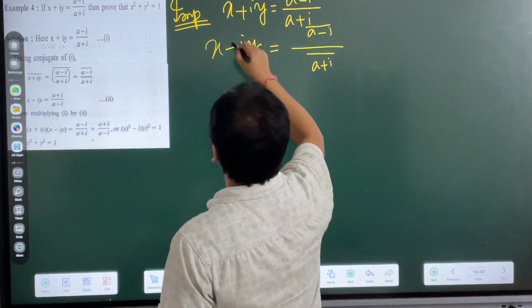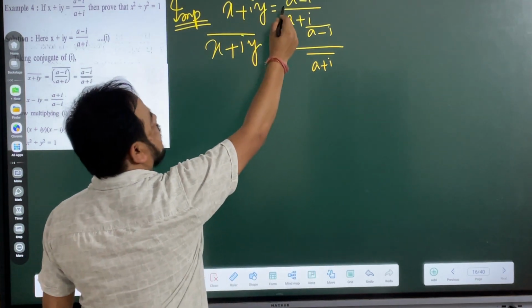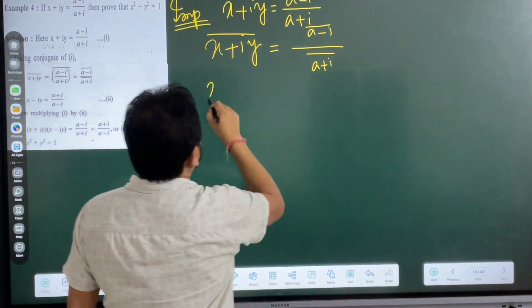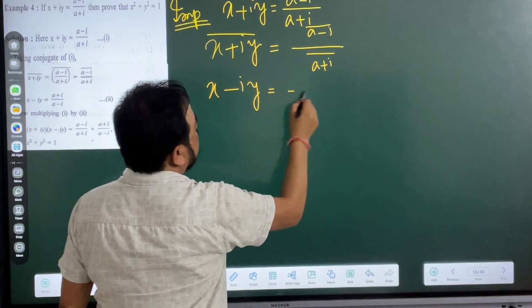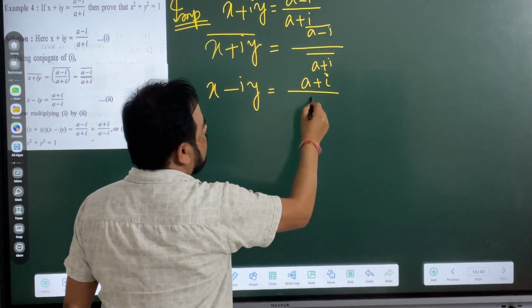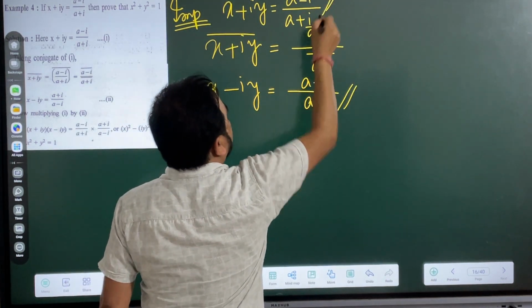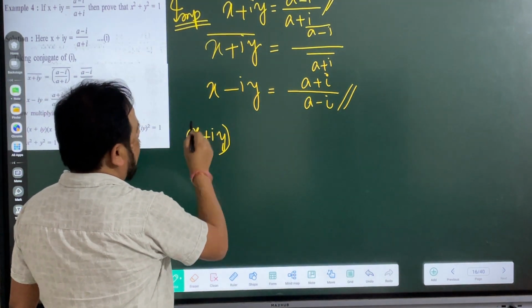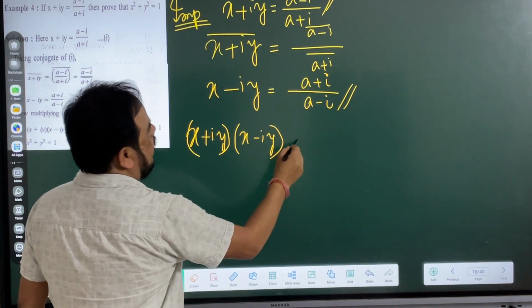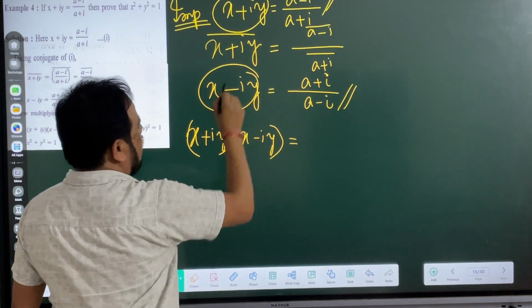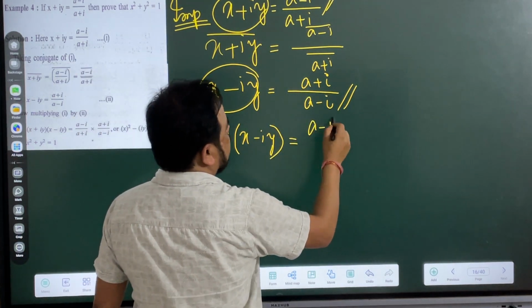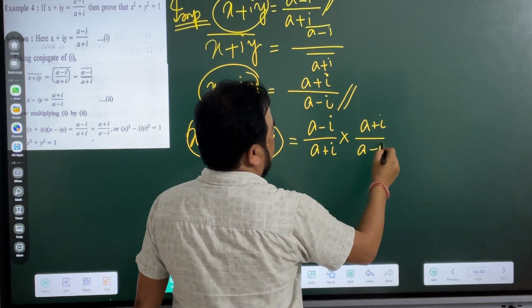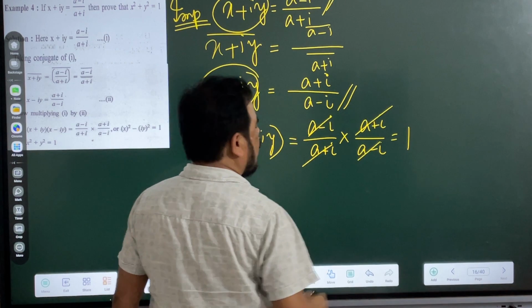Okay, let us write like this. x plus iy is a minus i by a plus i. x plus iy conjugate, that means what? x minus iy equals to a plus i by a minus i. So we will multiply now. x plus iy into x minus iy equals to this one and this one written here, equals to a minus i by a plus i into a plus i by a minus i equals to 1.